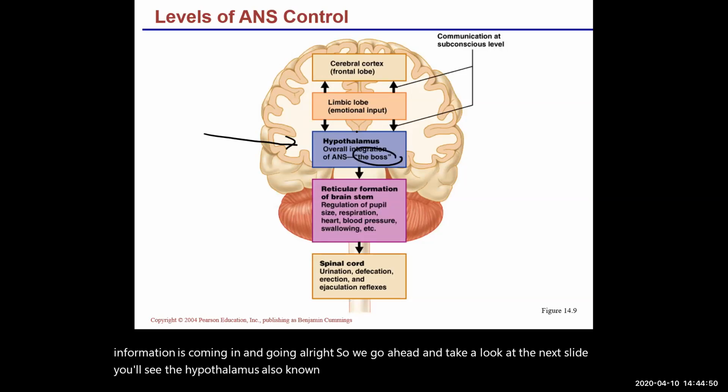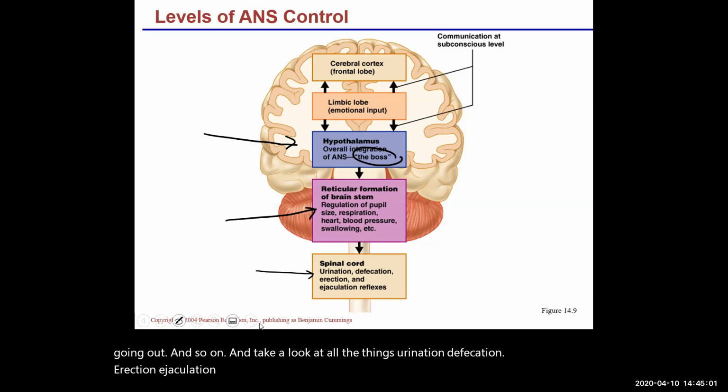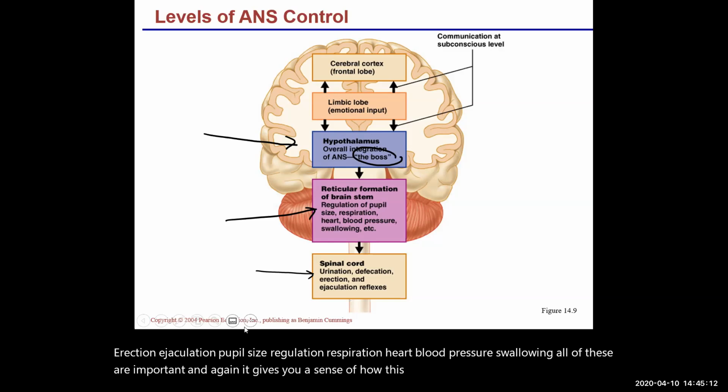All right, and take a look at the arrows coming in and going out and so on, and take a look at all the things: urination, defecation, erection, ejaculation, pupil size regulation, respiration, heart, blood pressure, swallowing. All of these are important. And again, it gives you a sense of how this hypothalamus is controlling all that.